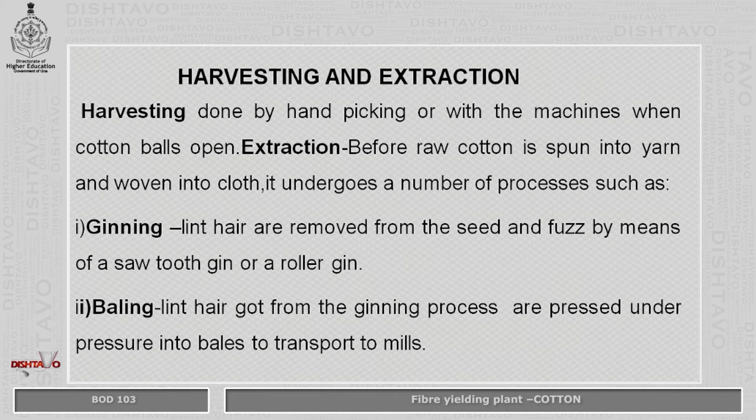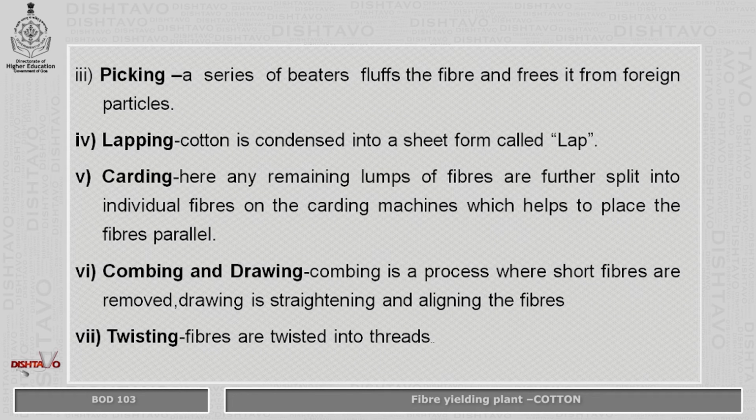Second, baling. Here, the lint hair got from the ginning process is pressed under pressure into bales to transport to mills. Third, picking. A series of beaters fluffs the fiber and frees it from foreign particles. Fourth, lapping. Cotton is condensed into a sheet form, which is called the lap, and hence the name lapping.